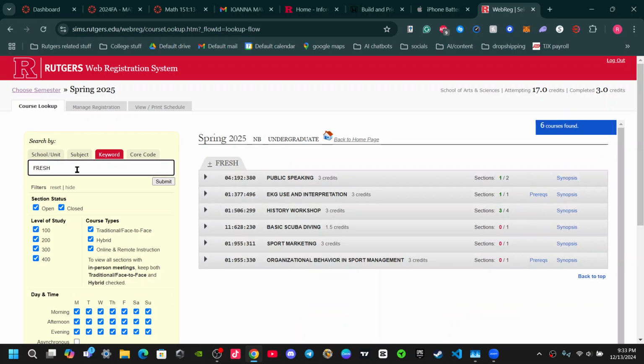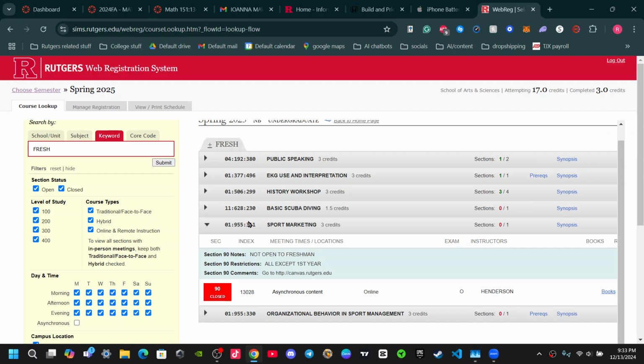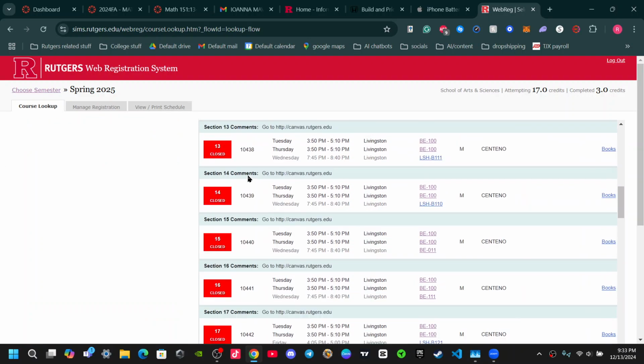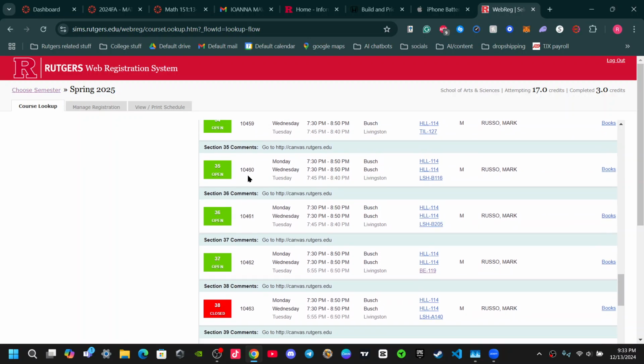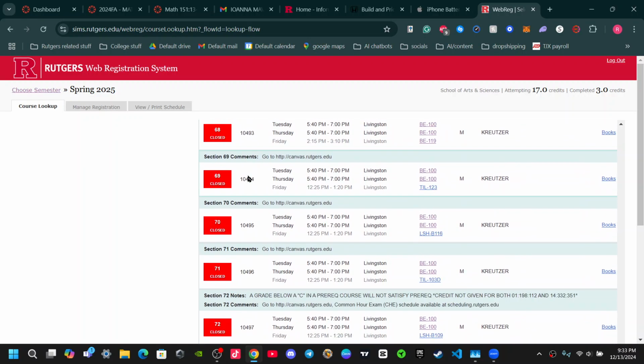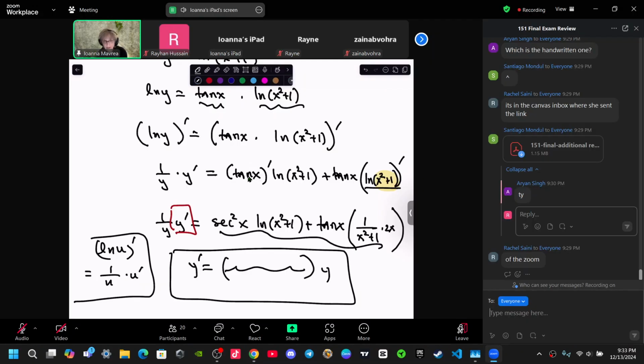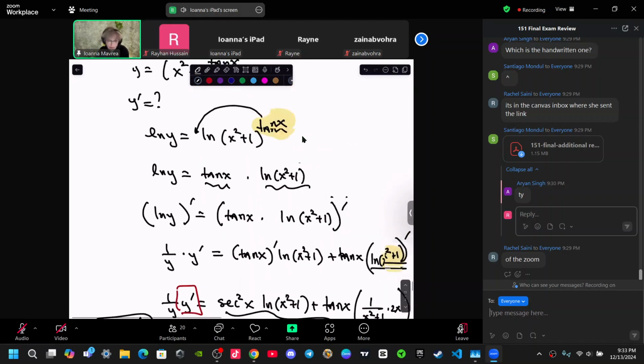So what do I want? I want y prime. So all I have to do is get rid of that 1 over y that's attached to it, by taking y to the other side, multiplying by y. So y prime is all that stuff, I'm not going to rewrite it, it's too big, times y. Your answer should not look this way. Your answer should just have x's. So how is that possible? You go back and say, what was it again?